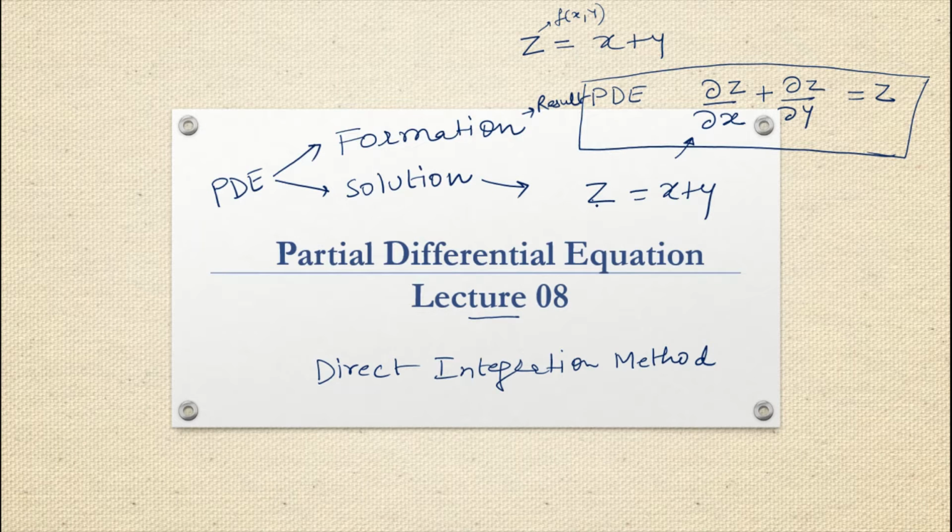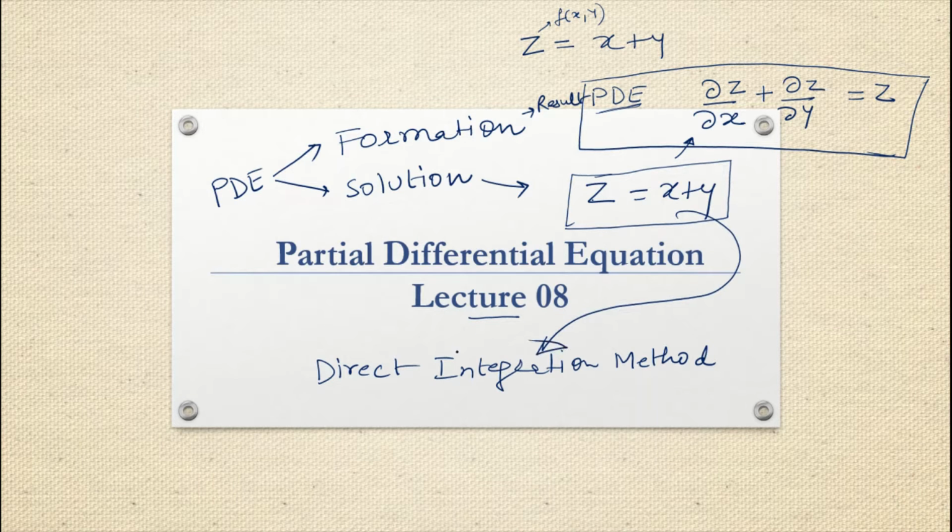That means I'm finding the partial derivative or partial differentiation of z to build the PDE. Okay, and to get the solution of PDE, I have to get something where the partial derivative is not present. That means I have to do the integration.